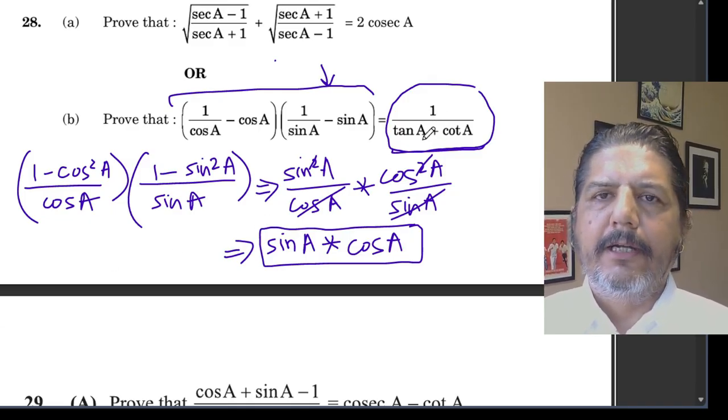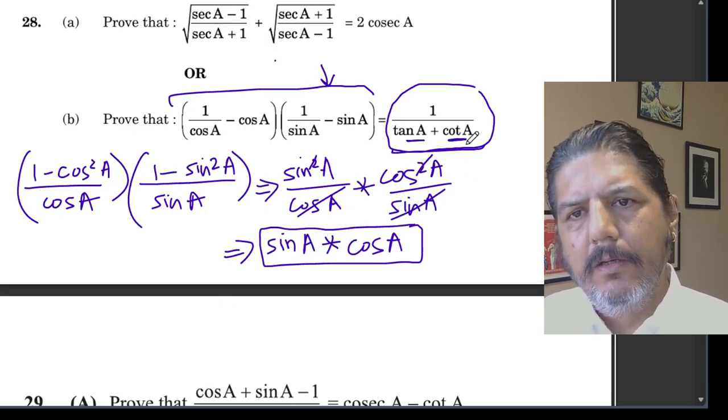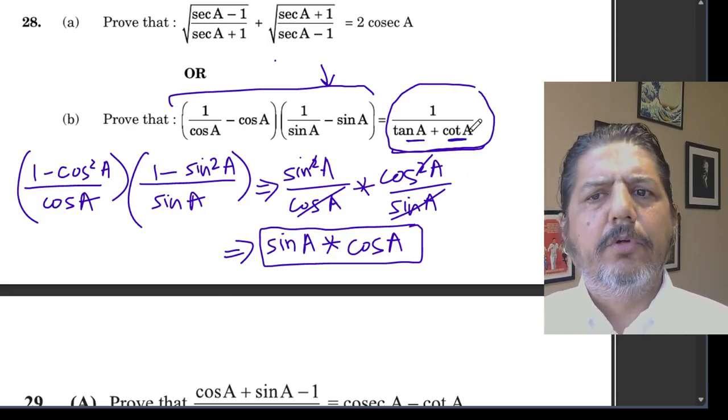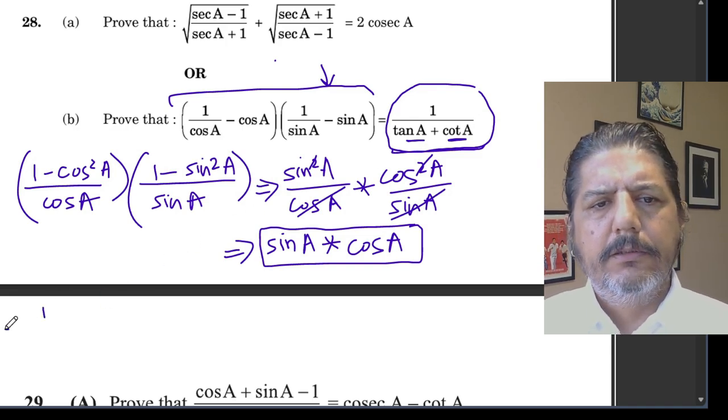Now if I look at the right hand side, let me break this tan⁴A and cot⁴A. What I can do is write this cot⁴A as 1 upon tan⁴A. So tan⁴A plus cot⁴A is tan⁴A plus 1 upon tan⁴A.